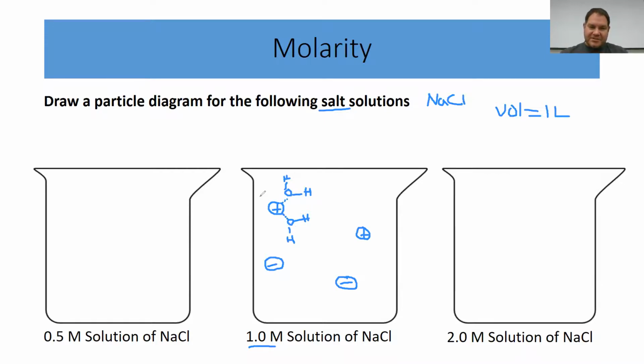I probably should have more water molecules. You can fill in more, just make sure the water molecules are surrounding those ions. For the negative ones, it's the hydrogens that surround them. So there's my oxygen and my hydrogens.